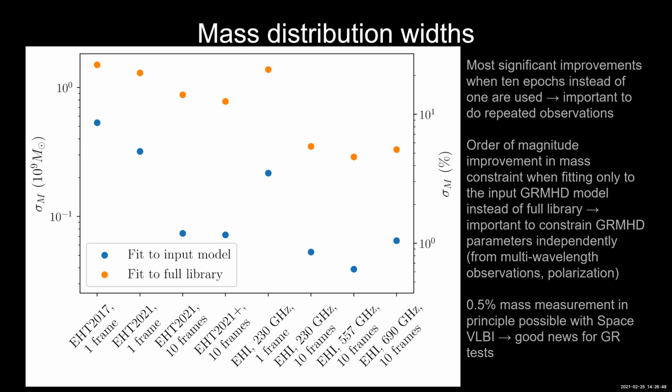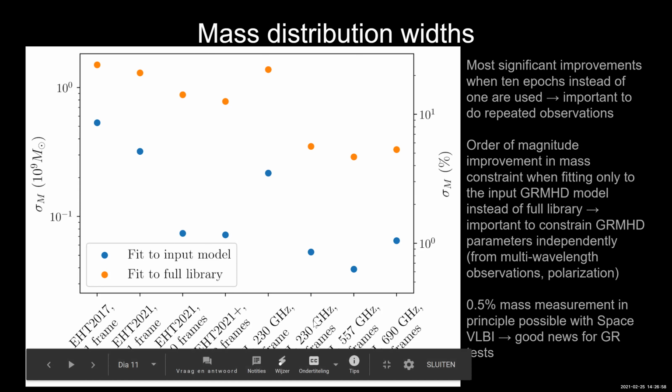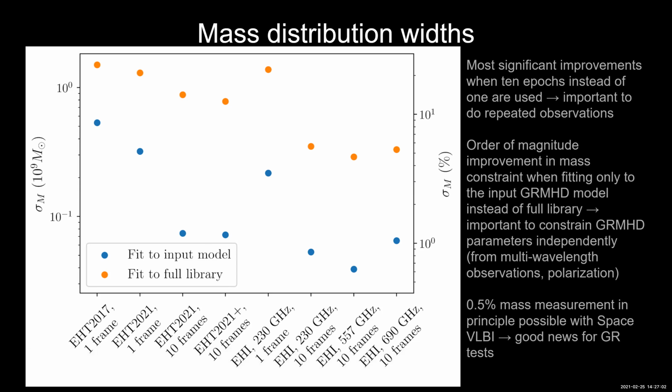And we see some interesting trends here. So we see a large jump, for example, here and also here, when we go from 1 frame to 10 frames. So this indicates that these multi-epoch observations could be really, really useful.